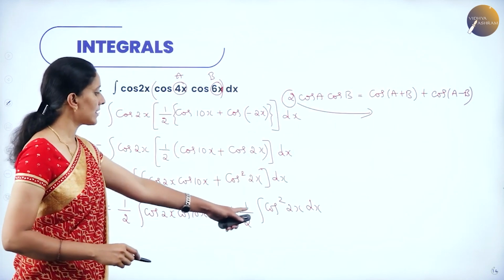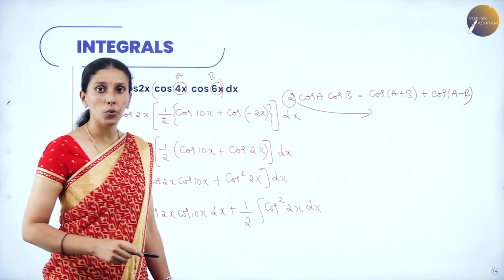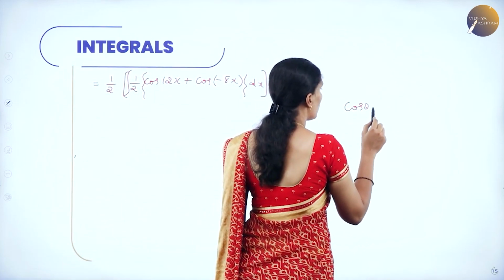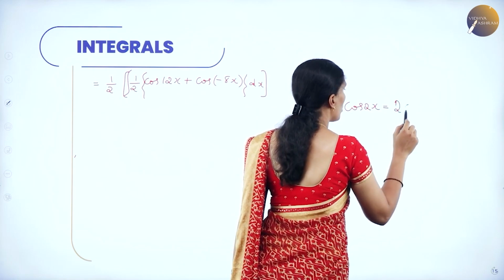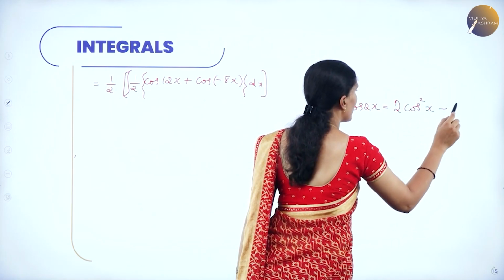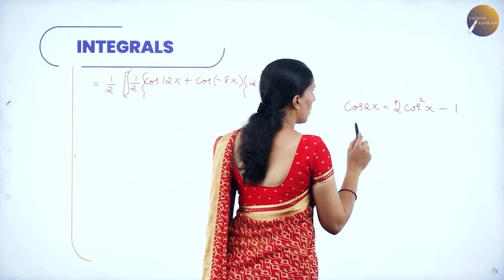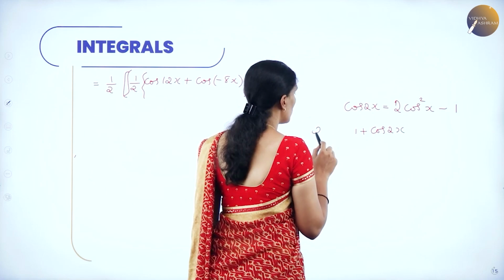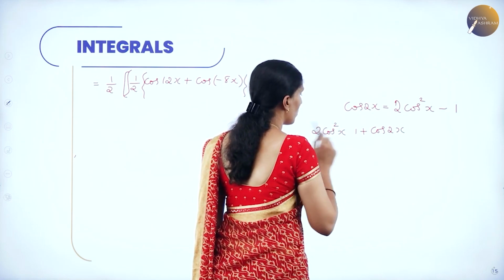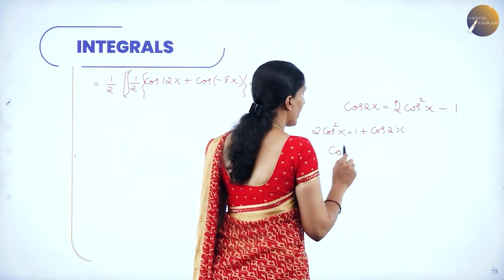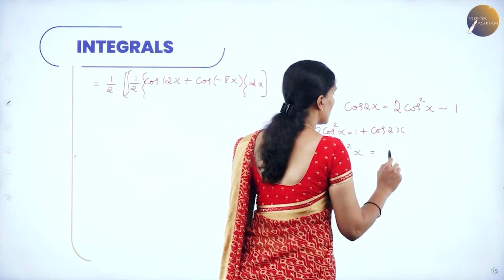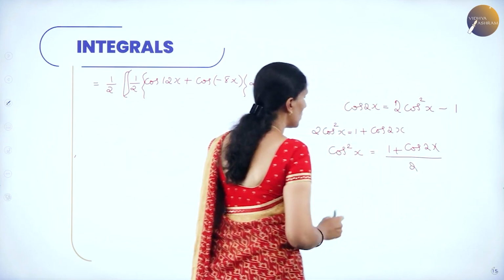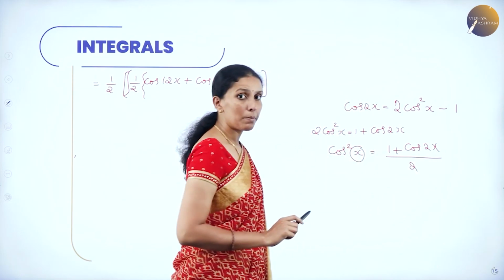Next, in this case, this is in the form of cos square 2x. We know the multiple angle formula, that cos 2x can be written as 2 cos square x minus 1. So that means 1 plus cos 2x can be written as 2 cos square x, or cos square x can be written as (1 plus cos 2x) divided by 2. So in the place of x, replace 2x.